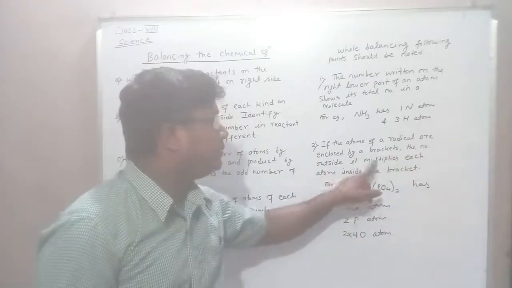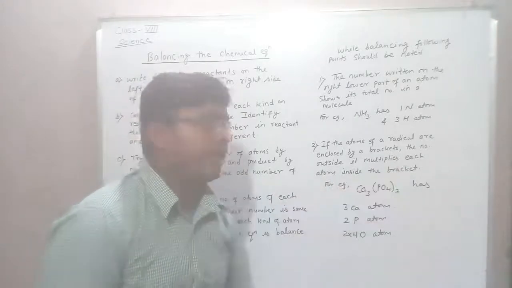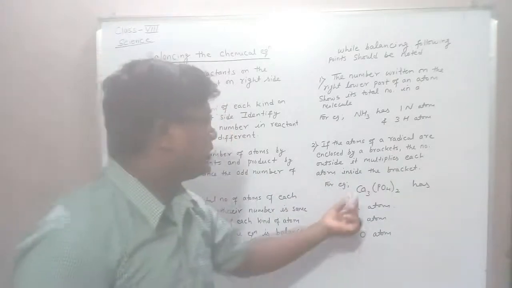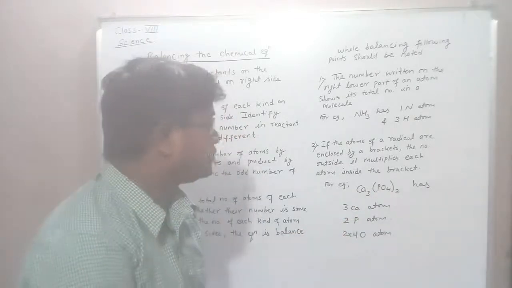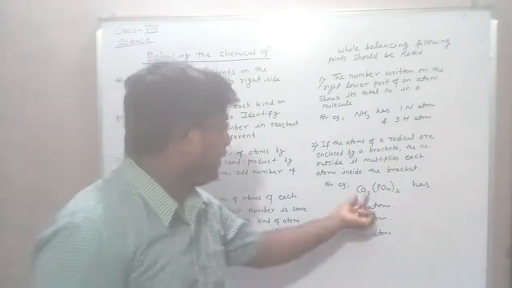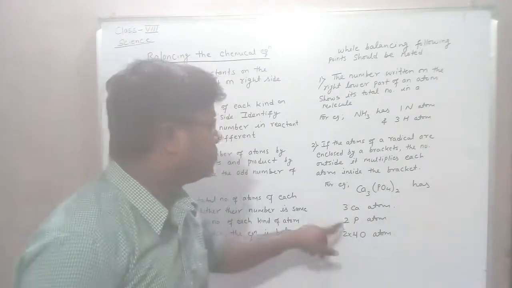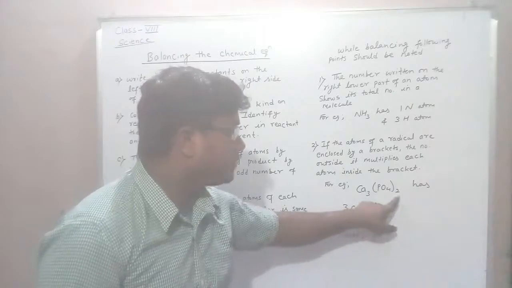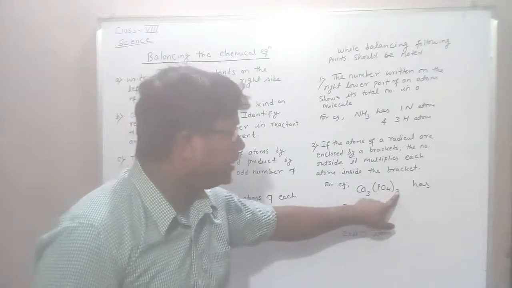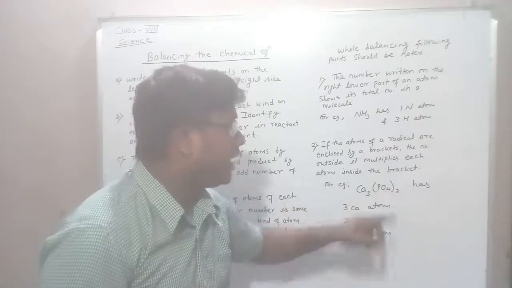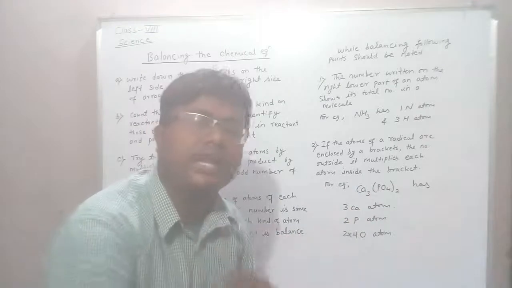Similarly, if the atoms of a radical are enclosed by a bracket, the number outside it multiplies each atom inside the bracket. For example, Ca3(PO4)2 is written here. It has 3 calcium atoms. This 2 is multiplied with the number of atoms inside the bracket.